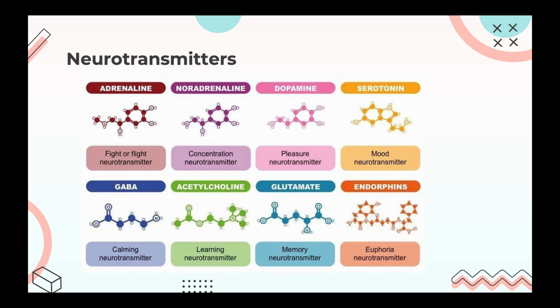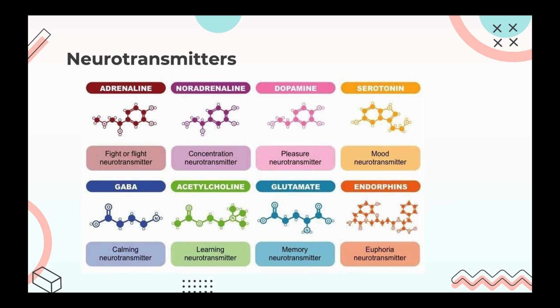It's mainly just a fight or flight neurotransmitter. Dopamine is a pleasure neurotransmitter, but it's not the only one, because so are serotonin and endorphins. Serotonin is also known as the mood neurotransmitter, and serotonin disorders are often associated with depression. GABA is also known as the calming neurotransmitter and also finds its biological role in the incidence of depression.